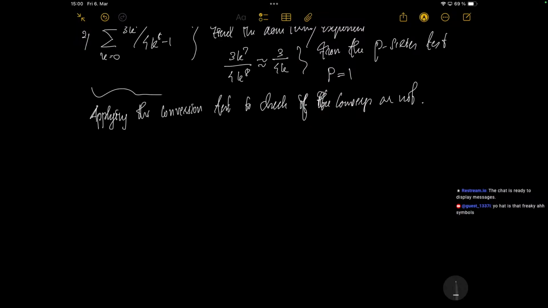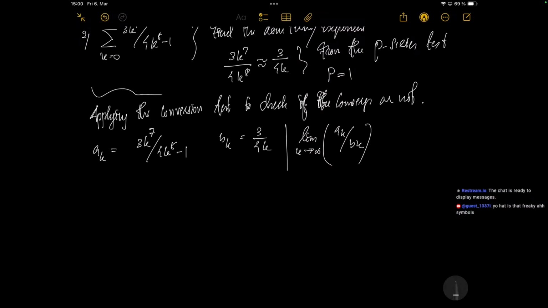So what's the convergence test? We got a of k equals 3k raised to 7 by 4k raised to 8 minus 1, and b of k equals 3 by 4k. Now limit k tends to infinity of a of k by b of k, which is 3k 7 by 4k raised to 8 minus 1 times 4k by 3.